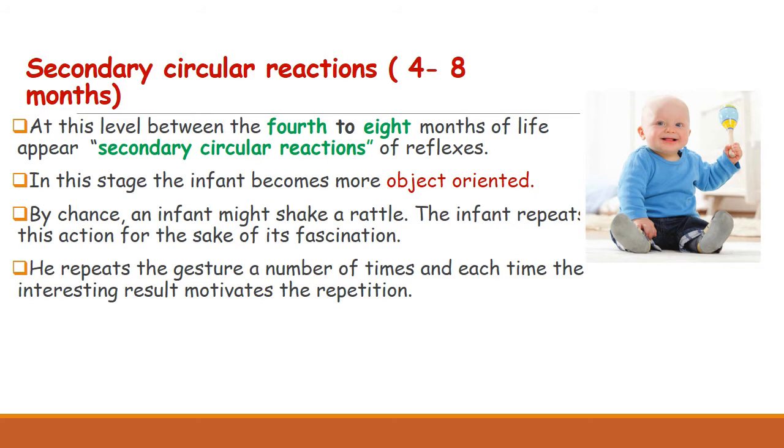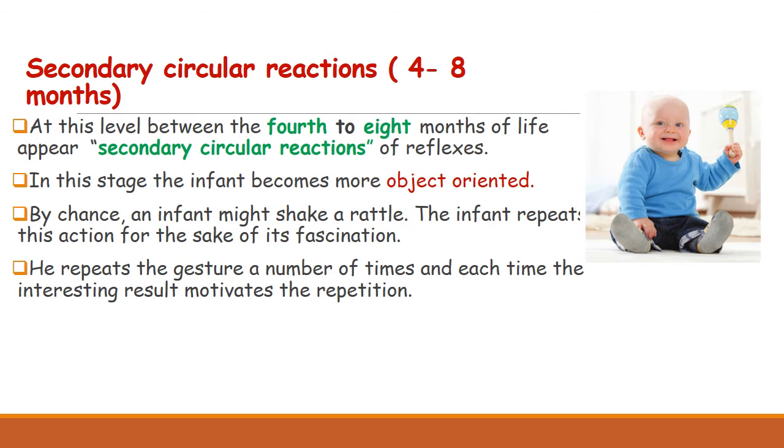Then we have the second stage, which is primary circular reaction, and it covers almost 4 months of the child's development. The infant begins to display a class of behavior called circular reactions. It means that all the behaviors are centered entirely on the child's own body.